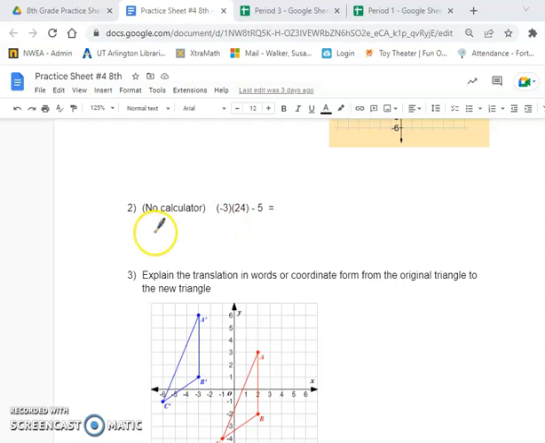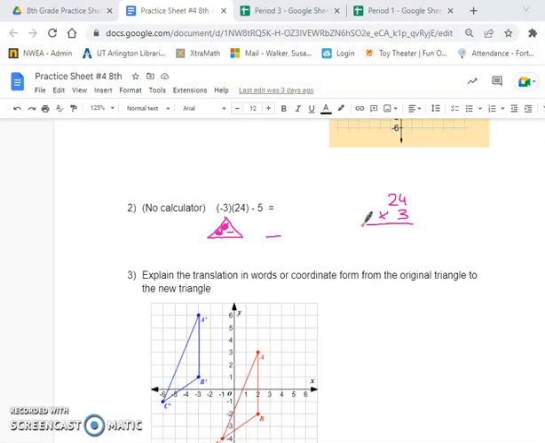So multiply, remember, that is triangle, okay? So I have a negative and a positive. That leaves me a negative. So negative, and then I do 24 times 3. So you would multiply that. So try to do that.